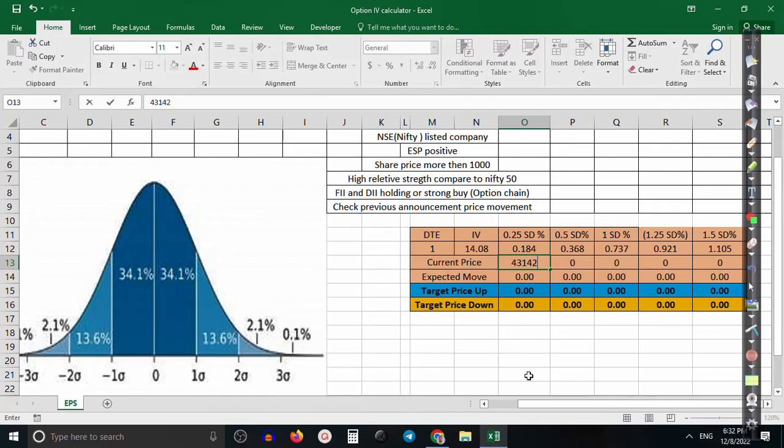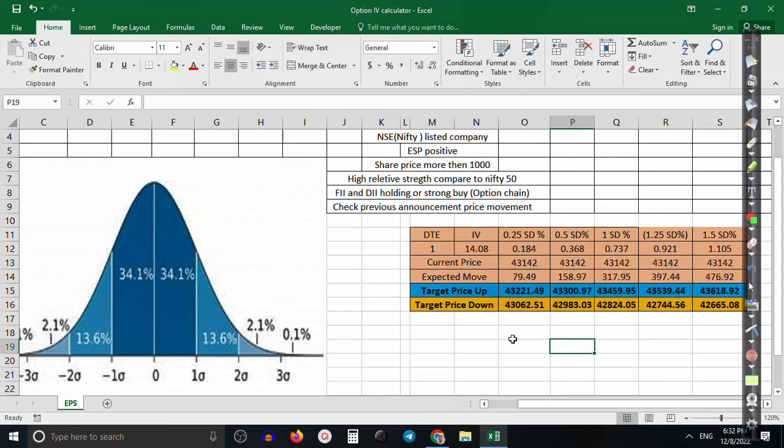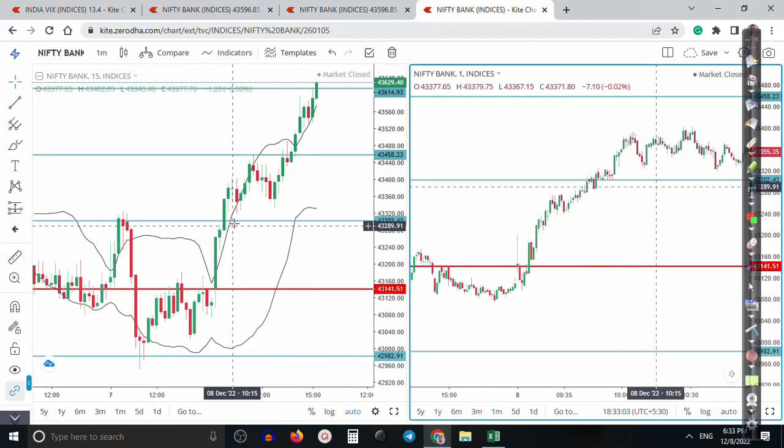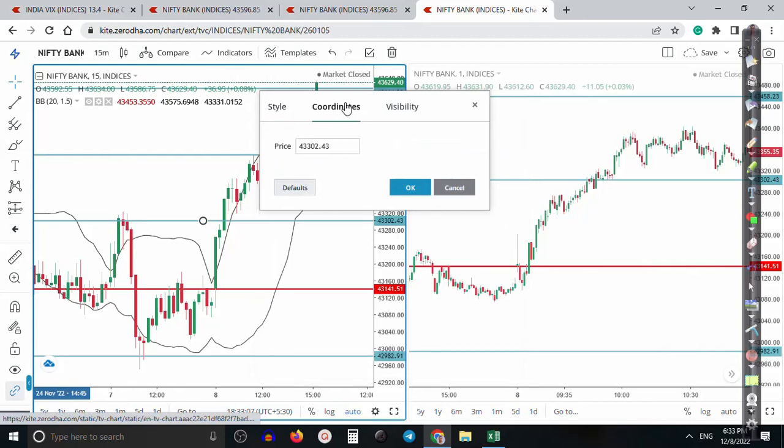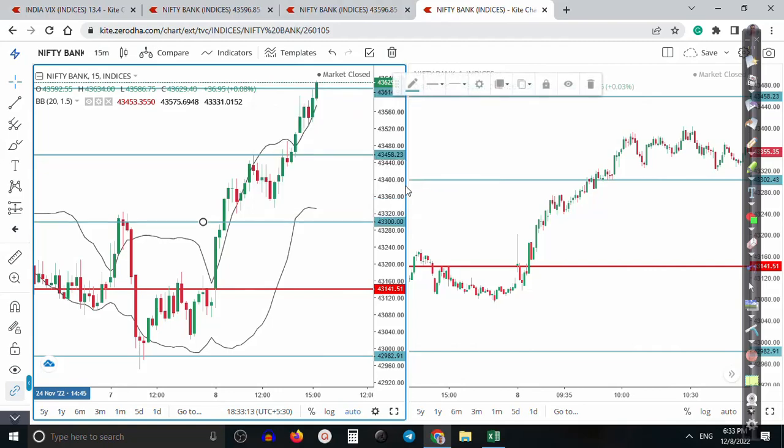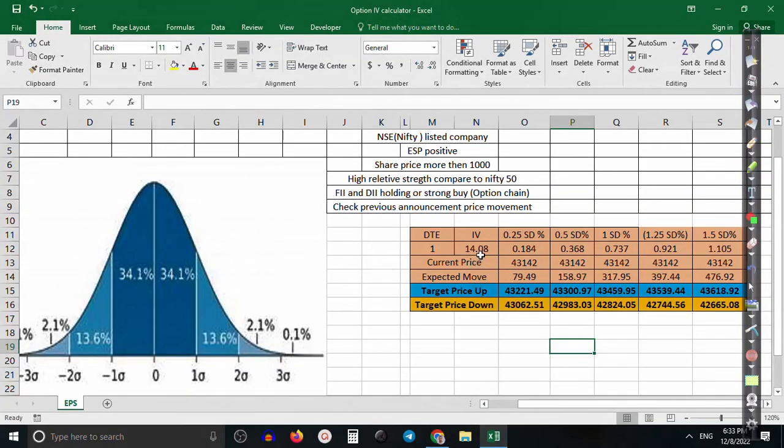Here I can see that once I click outside, it automatically detects the support and resistance lines. First support is 43300. Let me use 43300. Okay, let me check the VIX.